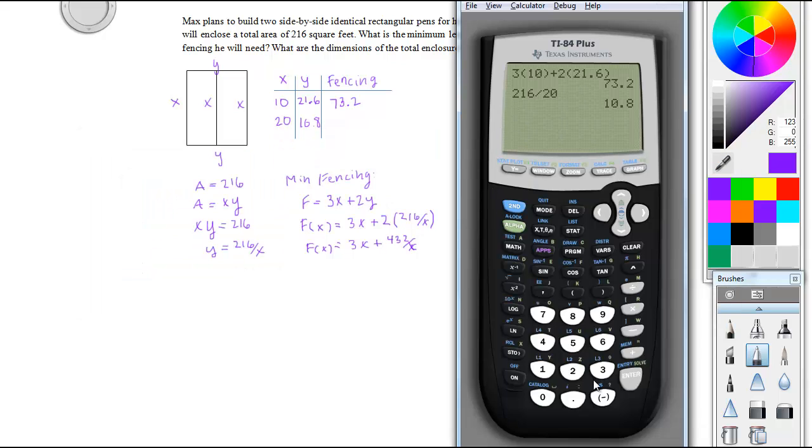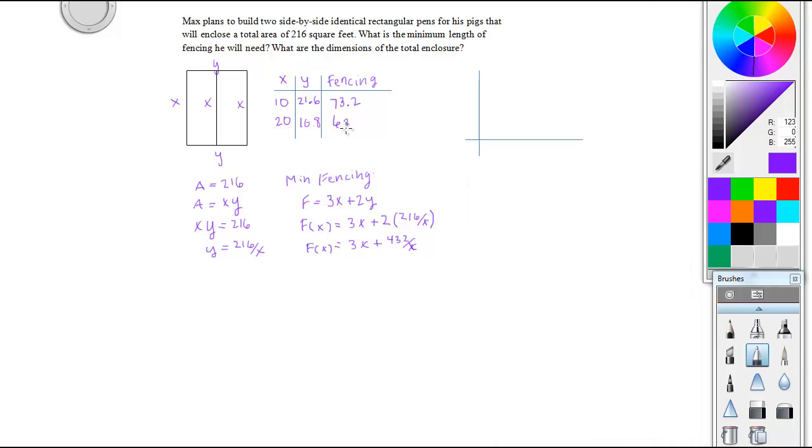So then we have 3 times 20 plus 2 times 10.8, and that is 63.2. Alright, so by doing that, then I have a reasonable idea of how to scale this graph that I'm going to use the graphing calculator for.